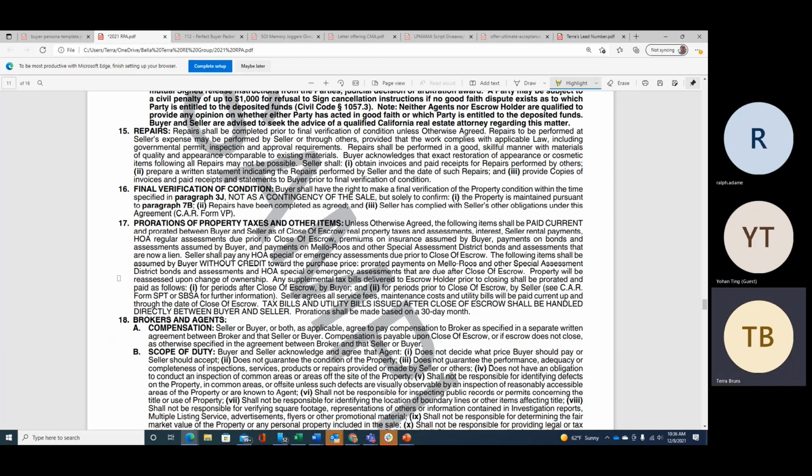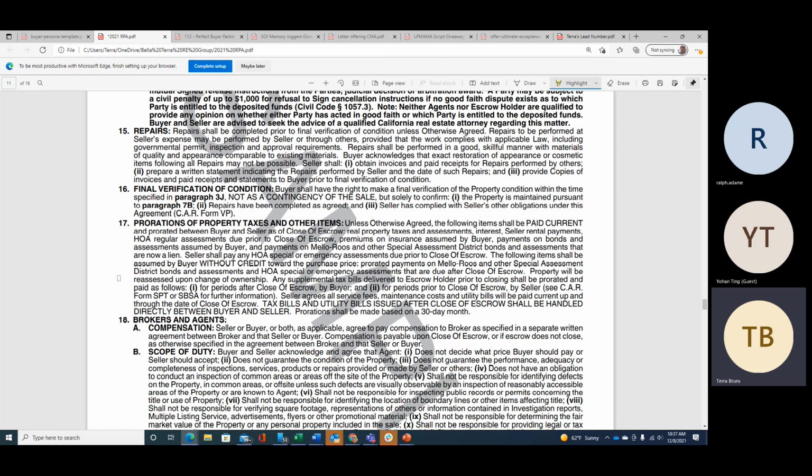Yes, so this is where escrow works their magic. They're the ones that do all of that, which is why we give sellers and buyers an estimated closing cost sheet, because until escrow actually closes, we don't know the exact amount of the taxes that are due.